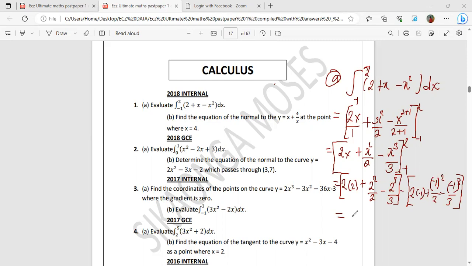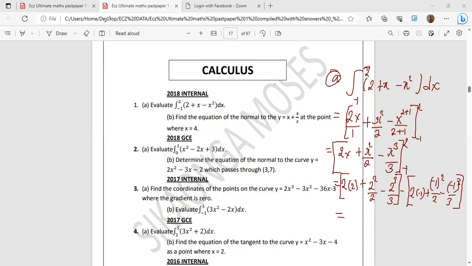So we have a 2 multiplying 2, that will give us a 4. Then this 4, we are saying we have got a 2. Okay, so we have a 6, which is minus 8, everything over 3. Right.